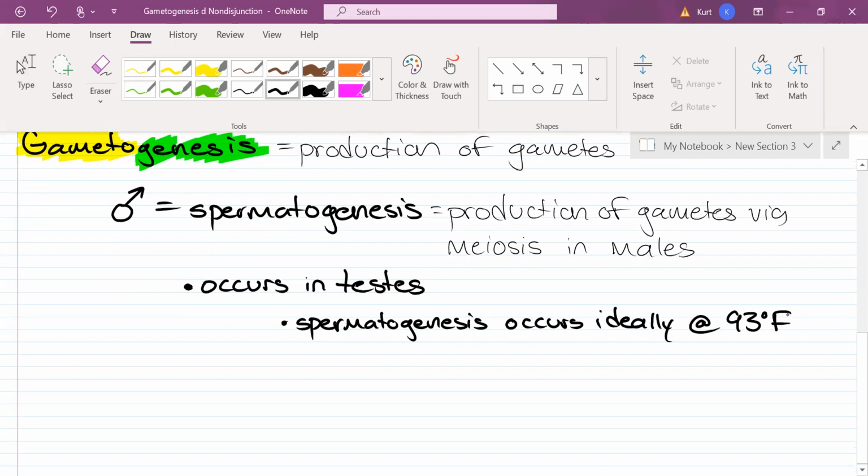What is body temp? Body temp is 98.6 degrees Fahrenheit. We got problems. So how is it that sperm cells can be made if the body temperature is warmer than their ideal generation temperature?